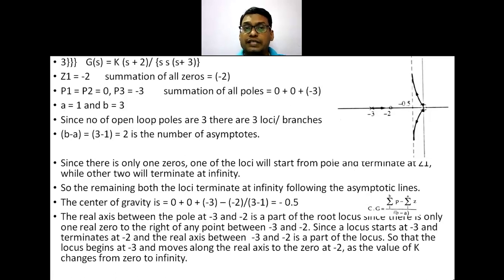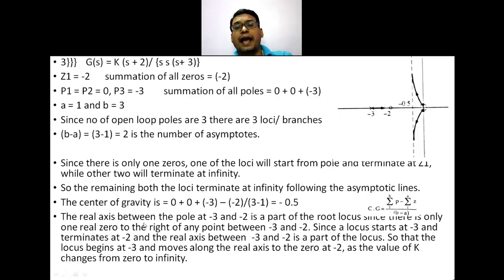That we have to decide from the value of Z1, which pole will be going and terminate at Z1, while the other two will terminate at infinity. So here we have plotted the poles P1, P2 at 0, then pole P3 at minus 3, and the zero at minus 2.